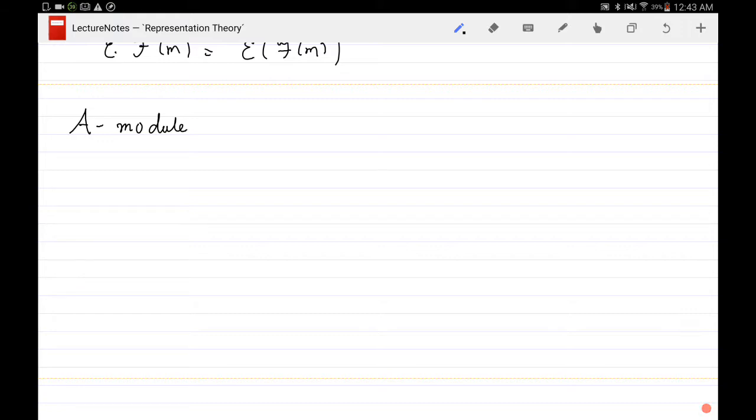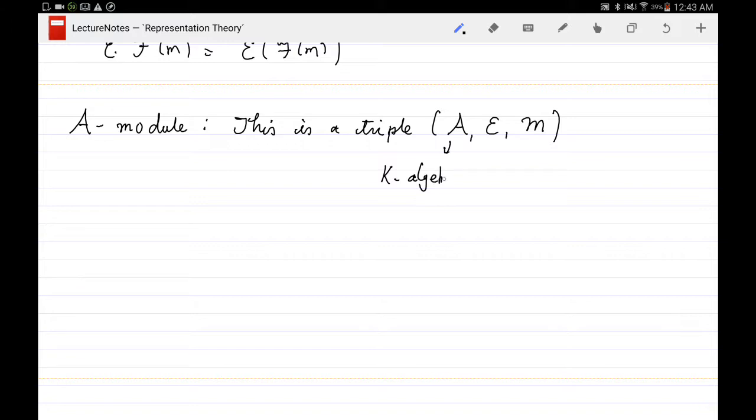So this is a triple of the K algebra, the endomorphism, and the abelian group.